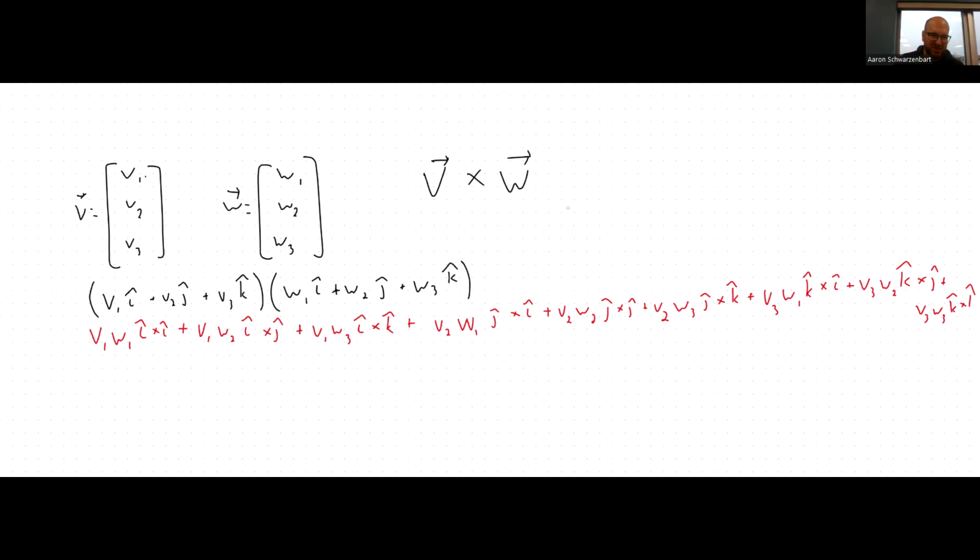There is a little shortcut to this, a little trick here. i, j, k. i cross j equals k. j cross k equals i. i cross k, if I go backwards, is negative j.